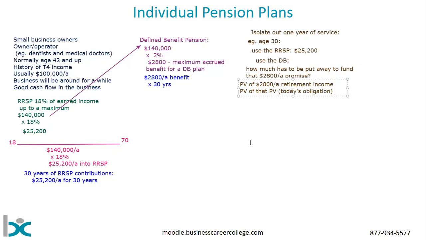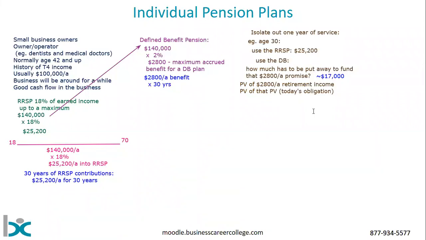So basically, that answers the question, how much has to be put away to fund that $2,800 a year promise? And depending on the assumptions you use, for that 30-year-old, that's going to be around, call it about $17,000, maybe a shot less than that. Again, it's going to depend on the assumptions you use, but around 17,000.